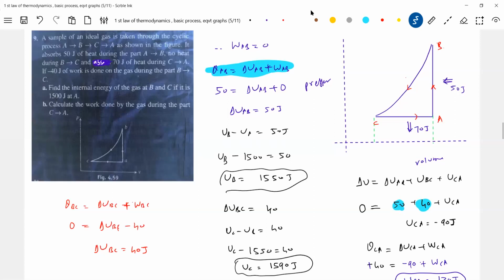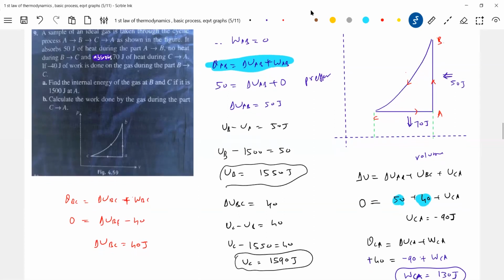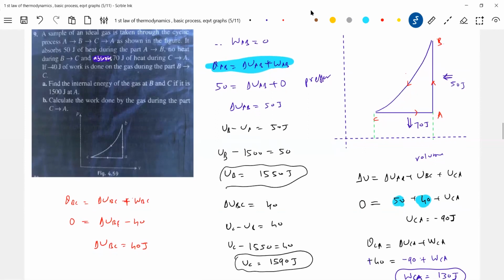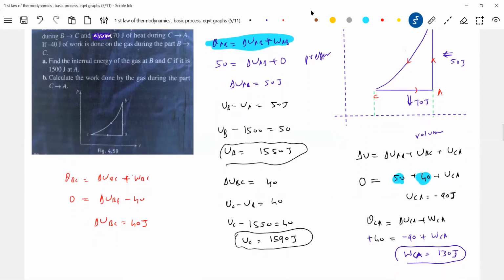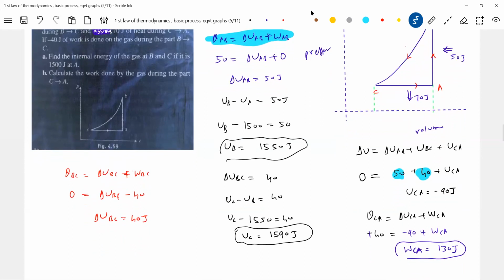Absorbs. This correction is needed. BC and absorbs 70 joules of heat. 70. Okay, I'll make all the changes. Now how much will it be? 160.